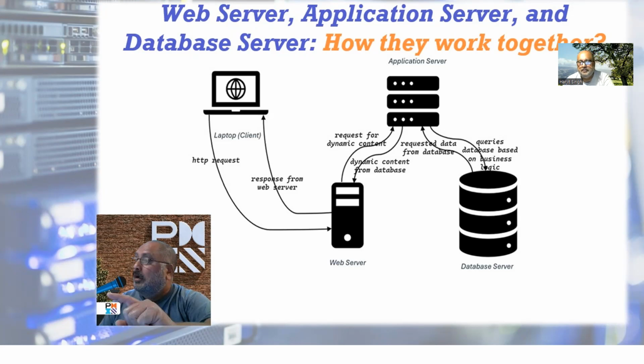What are the steps, what are the players behind all this, providing you what you need? We're going to be talking about those players that are working in the background. Those are the web server, application server, and database server, the three pillars of internet technology, right?